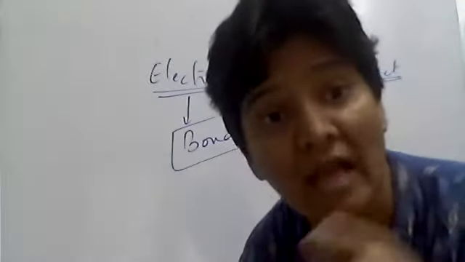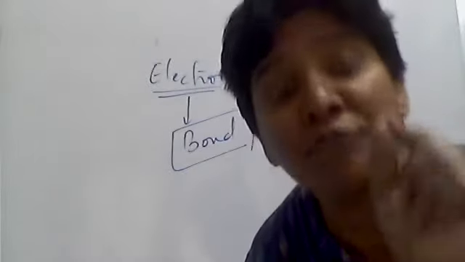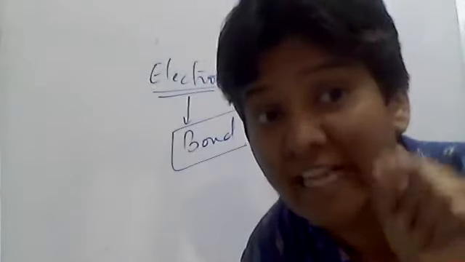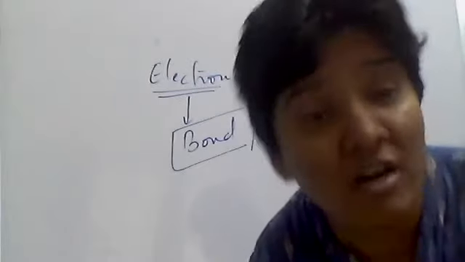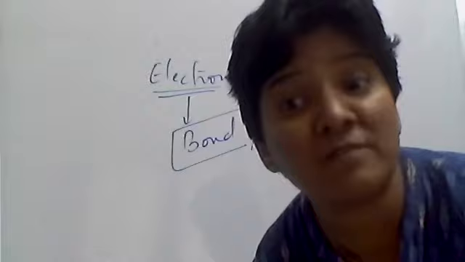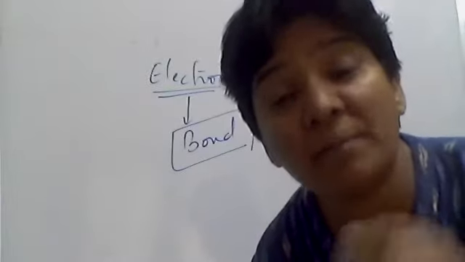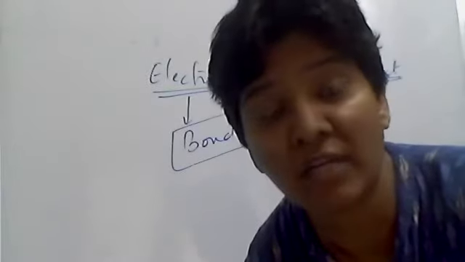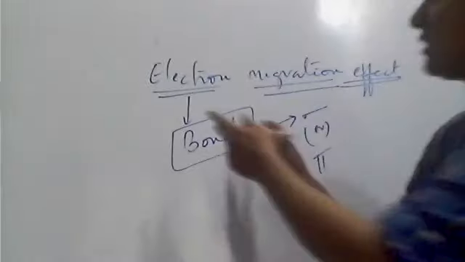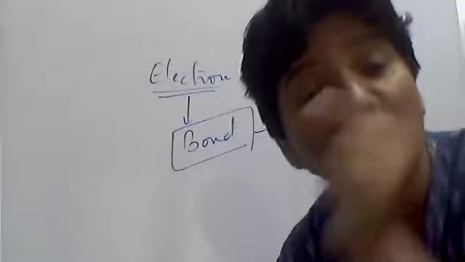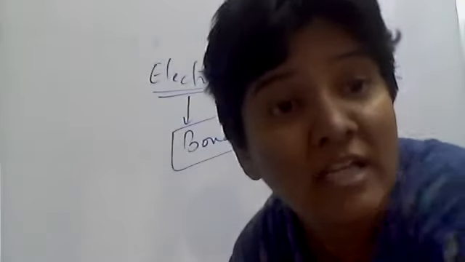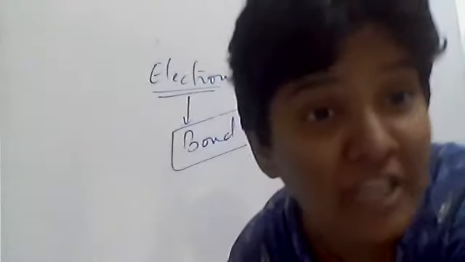Because in an acid, if you put a few groups, XYZ groups, that group may sometimes increase the acidic nature or sometimes decrease it. So what is happening in the presence of this XYZ group? That is explained by electron migration effects. So in whose presence can the acid act as a strong acid or a weak acid.